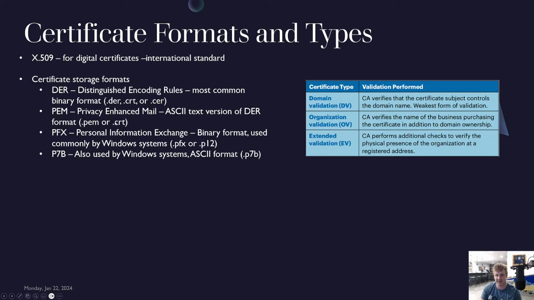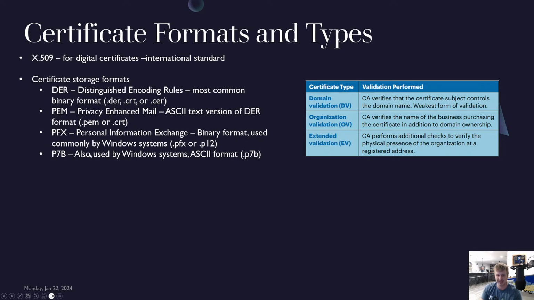So depending on a test question, both of these could be the .crt, but you have to think, okay, which one's binary, which one is ASCII, depending on how that test question is asked. The PFX is your personal information exchange binary format, most commonly used by Windows.